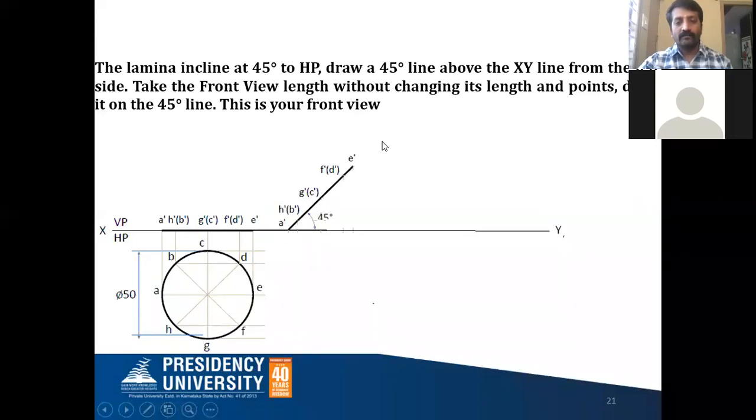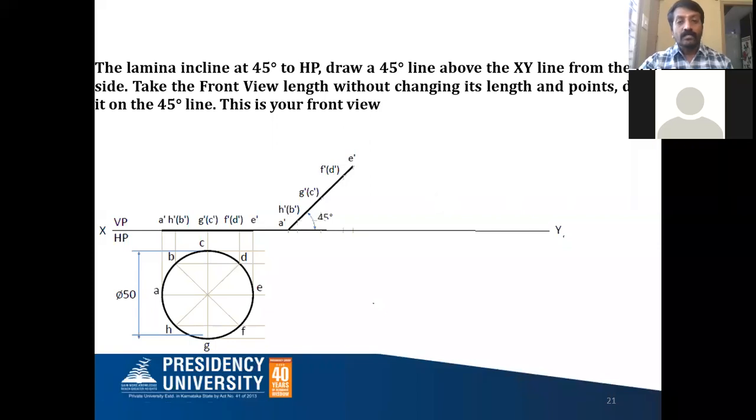After drawing a 45-degree line, you need to redraw this front view without changing it, so that it should rest on this 45-degree line. So for this, you take this A dash E dash distance with the help of a compass. A dash as the center, you cut the 45-degree line and call that E dash. Similarly, take all other point distances and cut them on this 45-degree line. Transfer all the other points also like this. So this is the front view you are looking for.